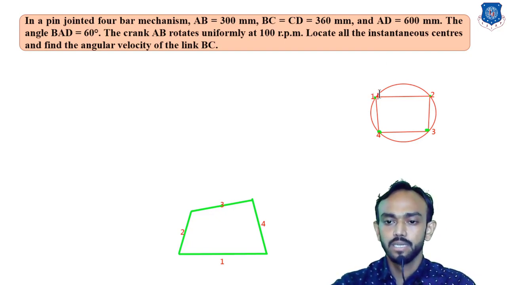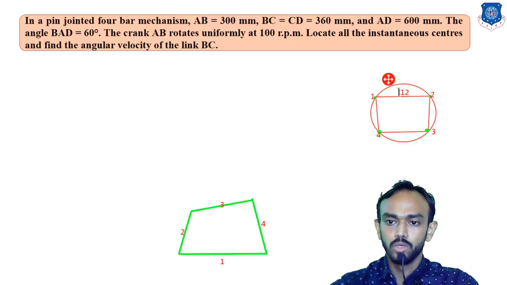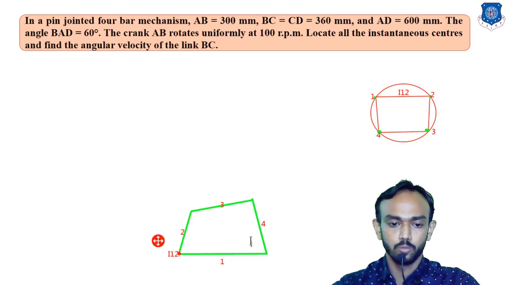First of all, check this. This 1 and 2 is connected, so you can find the I12 where link number 1 and 2 are connected. So you can find this point is an eye center which is known as I12.